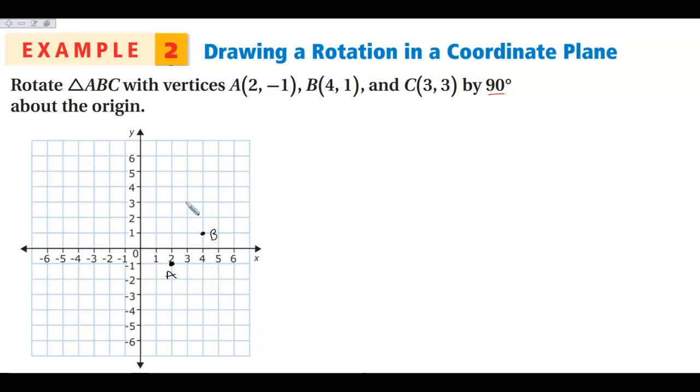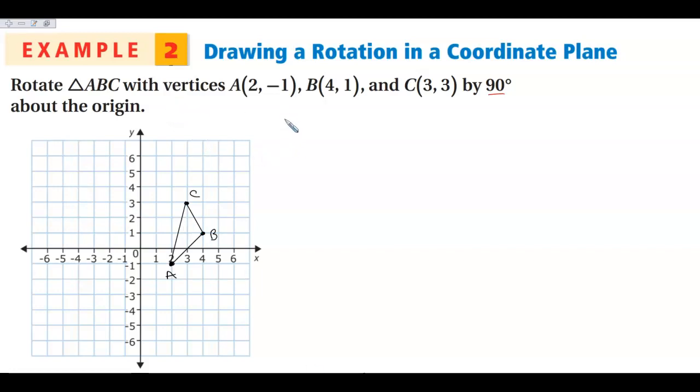And C is at the point 3, 3. So here is my pre-image, and we're going to go ahead and graph this. All right, so there's my pre-image of triangle ABC. And what we're going to do is rotate it 90 degrees about the origin.